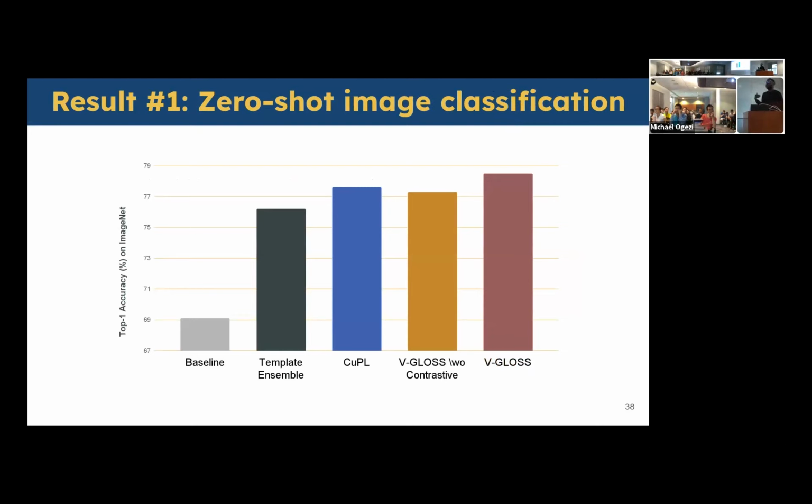VGloss without contrastive performs just around the ballpark of Pupil, and VGloss, which is our full method that has the contrastive prompting built in, performs much better than all the other methods. And I think this alludes to how important the contrastive prompting is, because it's able to help us distinguish things that would otherwise be easy errors that these models fall into.